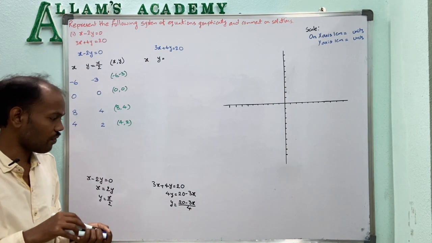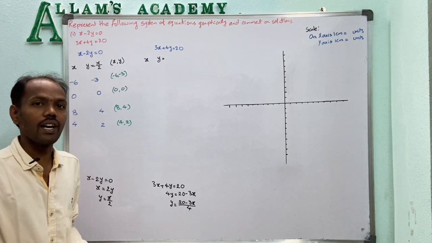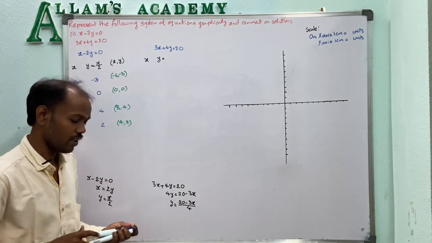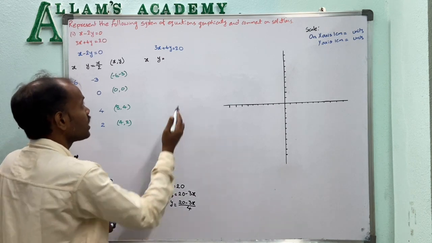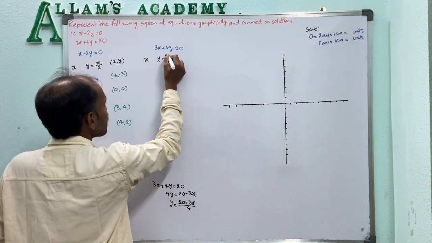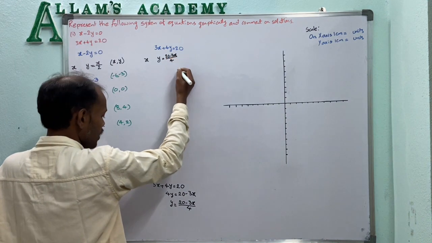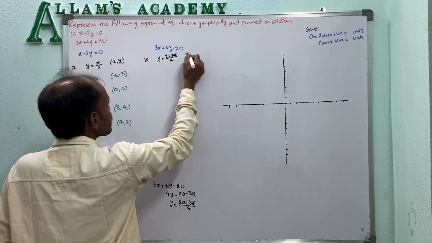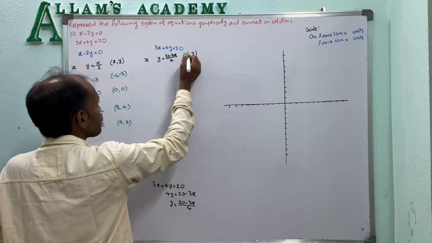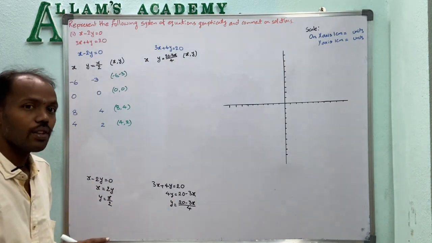Now here, by substituting different x values we get different y values. So y equal to (20 minus 3x) by 4. Next, x and y.